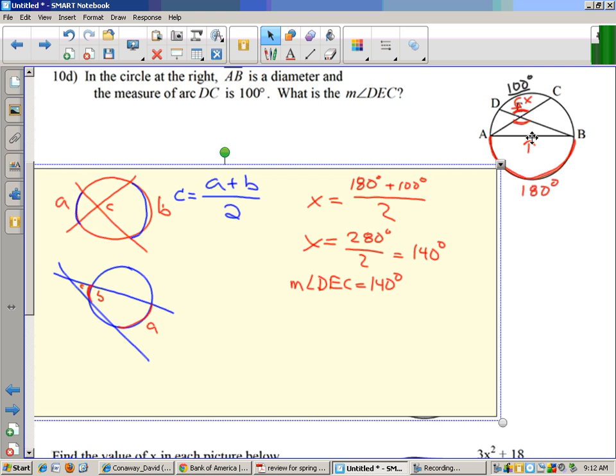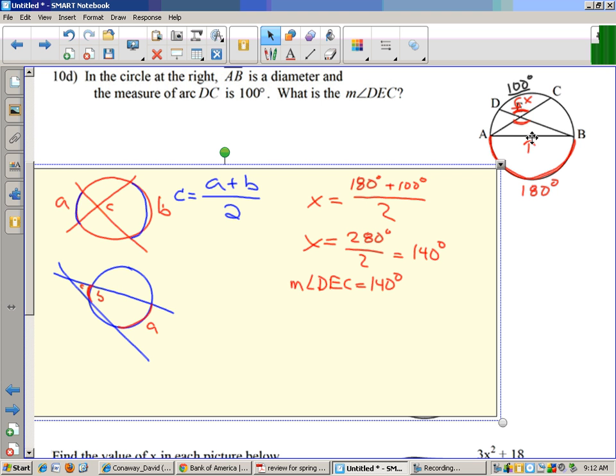Yes, ma'am. So if it was a central angle, shouldn't angle DEC be congruent to arc DC? If it was a central angle, then yes, but it's not a central angle.